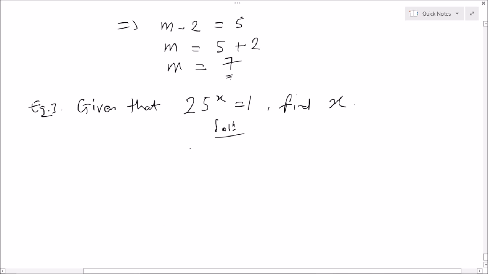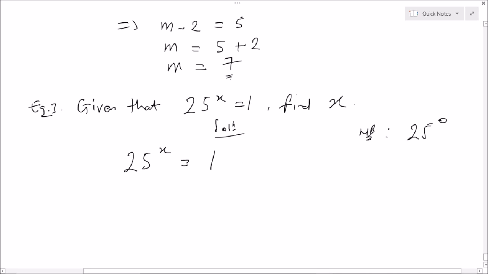Example 3. Given that 25^s is equal to 1, find s. So we have 25 raised to the power s is equal to 1. We make sure that both left hand side and right hand side have the same base. That is, the base here is 25. So what we take note of is that 1 is the same as 25 raised to the power 0.